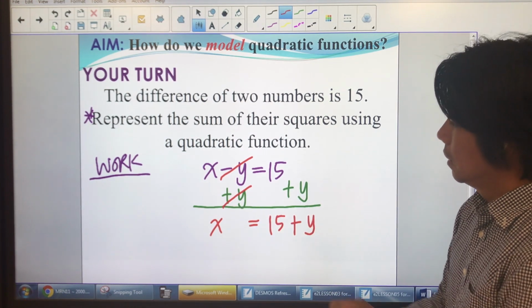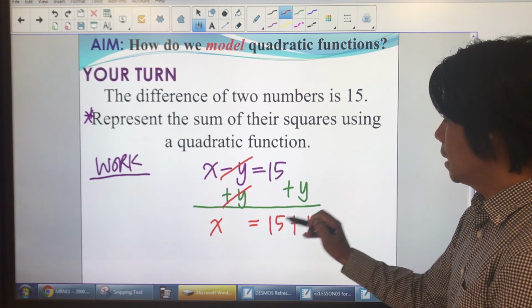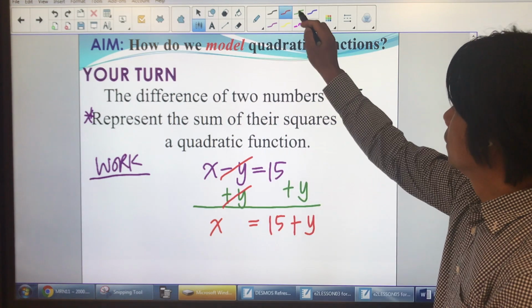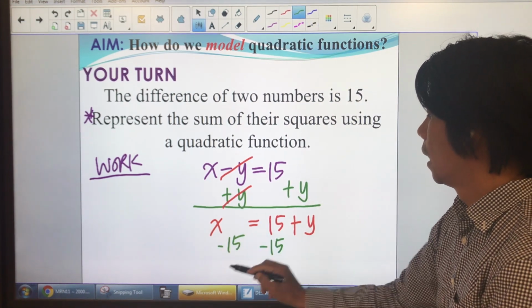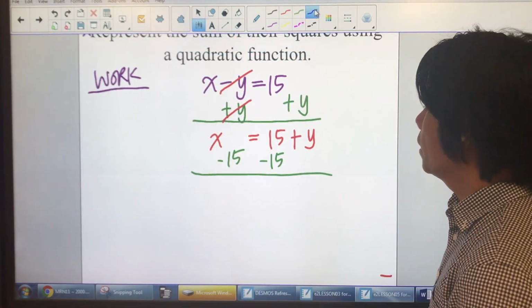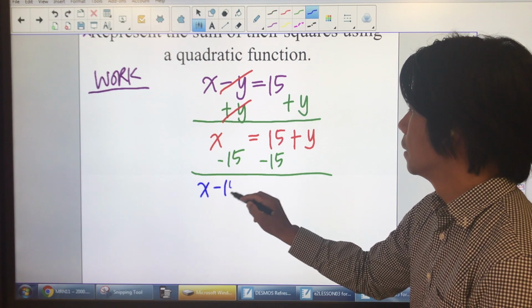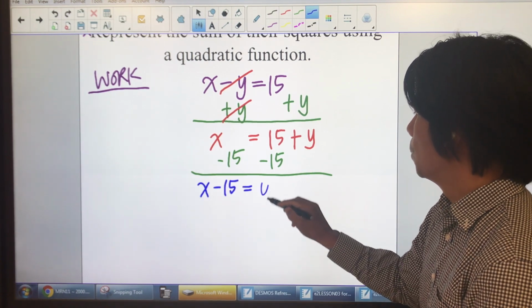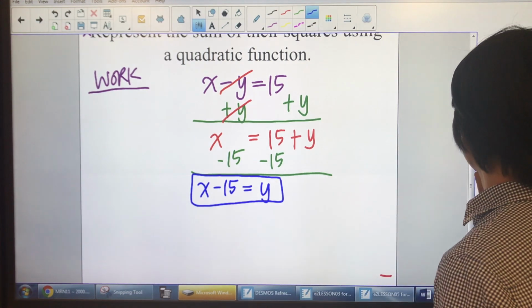Now, is that our target? No. We want the y by itself, not the x. So we take away 15 from both sides. Now we have x minus 15 equals y.